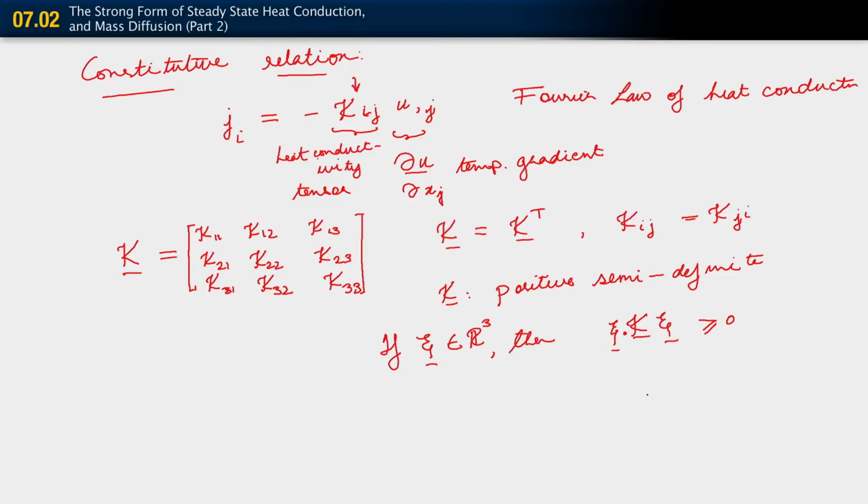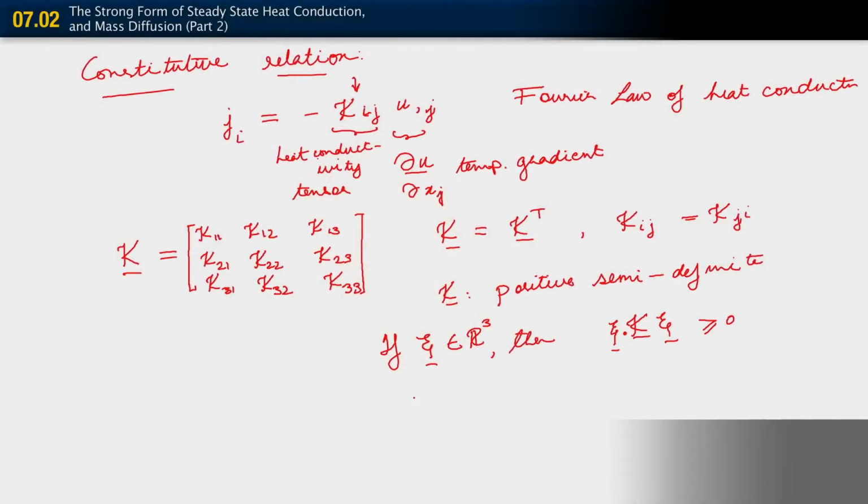What this means is that there are actually some directions for which we are allowing the possibility that there is no conduction of heat in certain directions. So we're allowing the possibility that for some vector C, this thing could be 0. And the fact that we're allowing the possibility for this quadratic product to equal 0 is what makes it semi-definite, in terms of nomenclature.